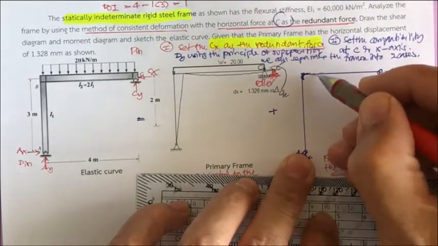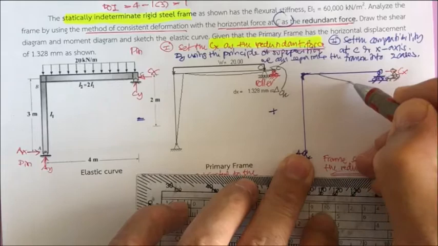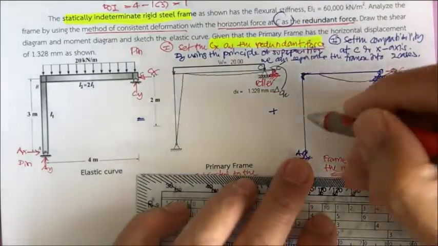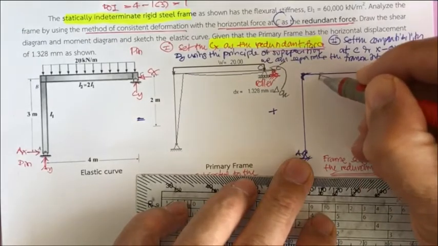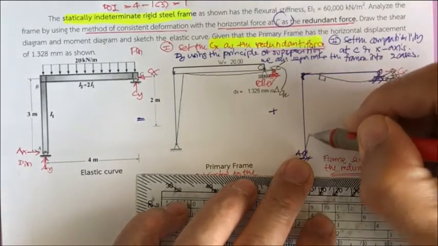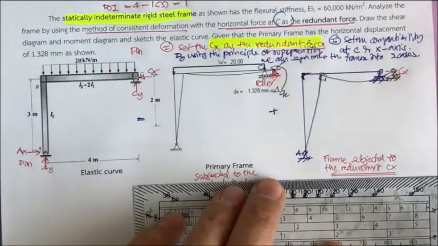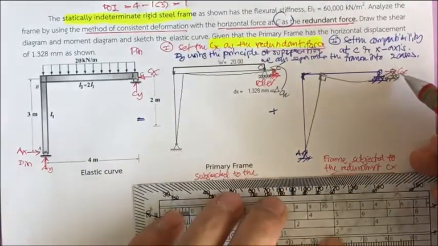If this one moves like this, this structure is going to have this kind of shape, because this joint keeps the right angle, and then the frame is assumed to deform like this.